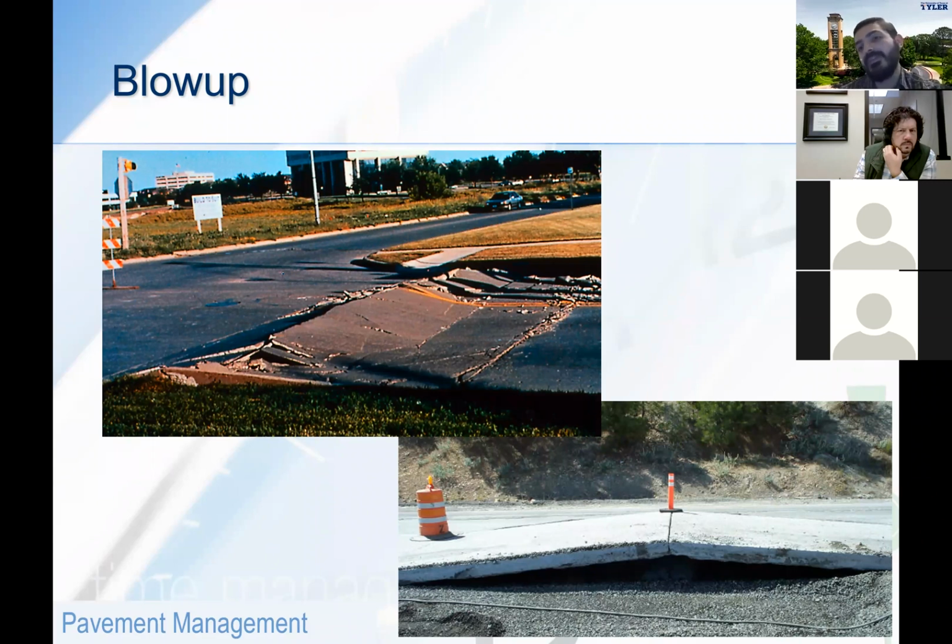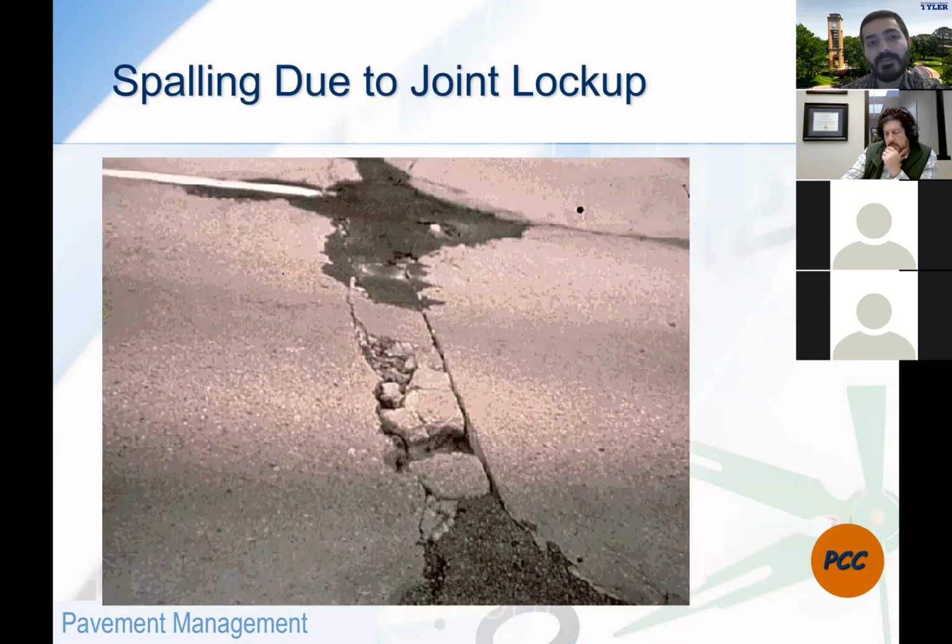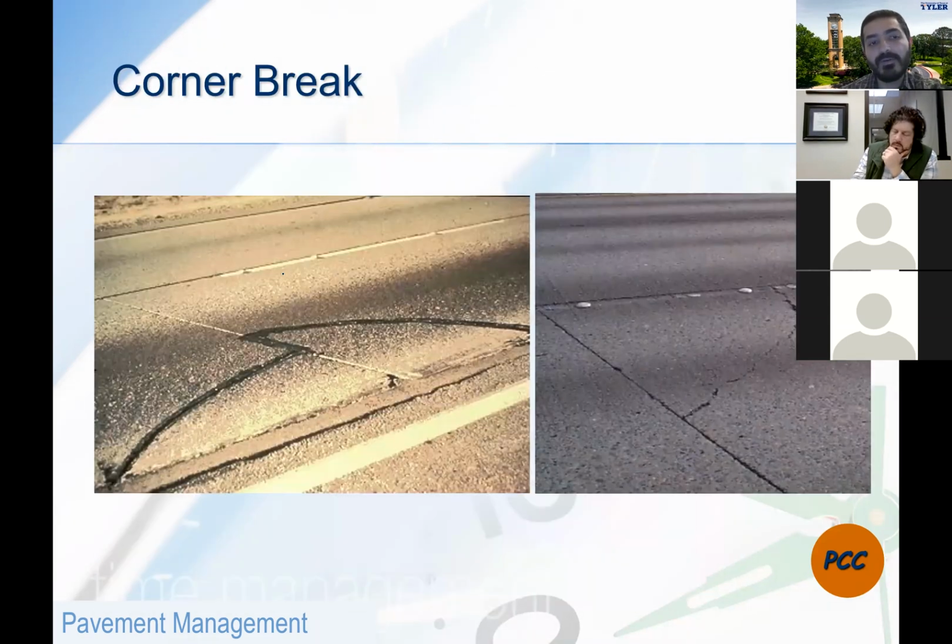It is what we call blowups. This is now just a high severity spalling, flushing, and all the problems before. You're gonna have spalling as well as joint spalling and corner breaks and faulting.